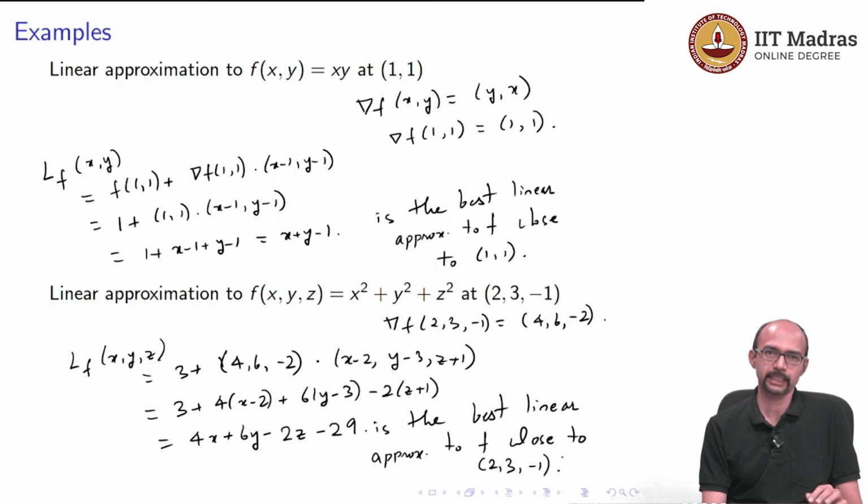So, using that we can explicitly write down the equation of that hyperplane, and then we also saw that if you take the right hand side and make that into a function, then that is the best linear approximation to the function f at the given point a tilde.